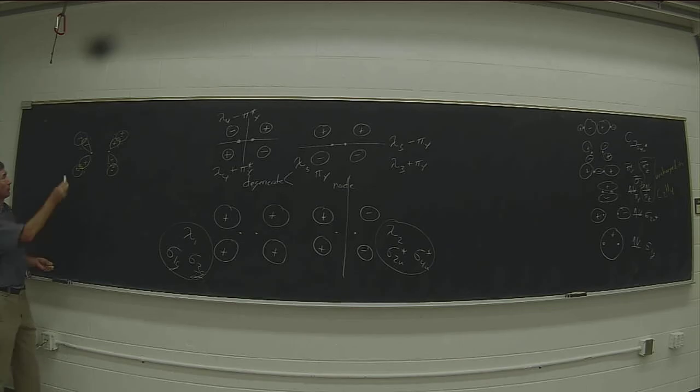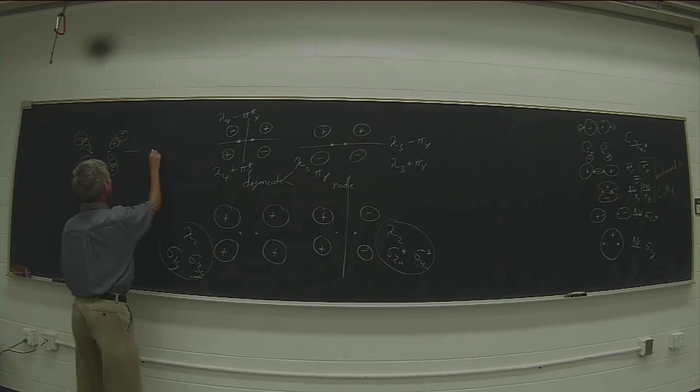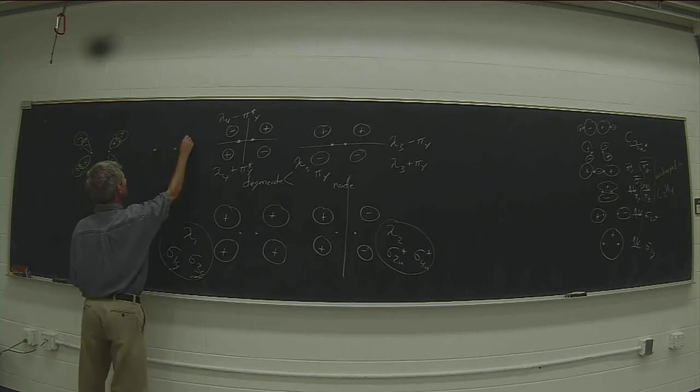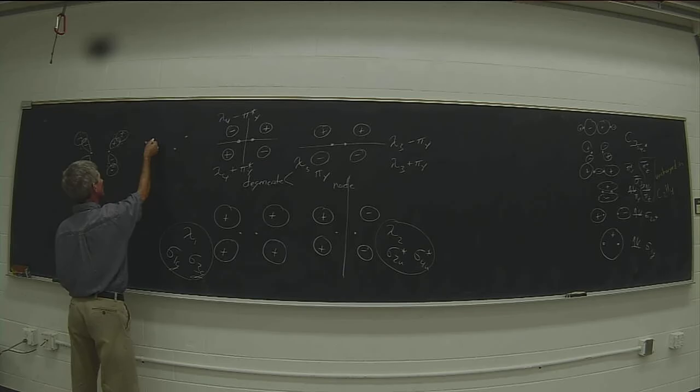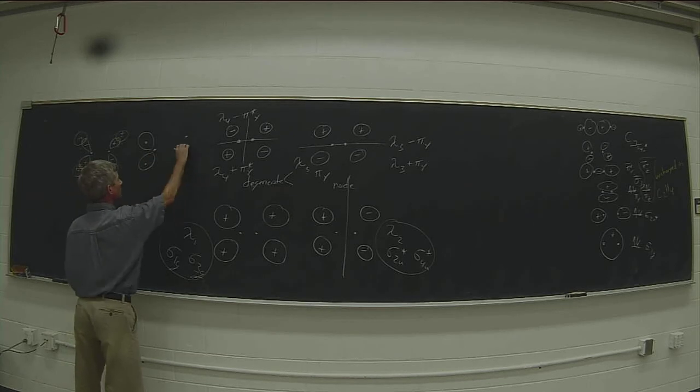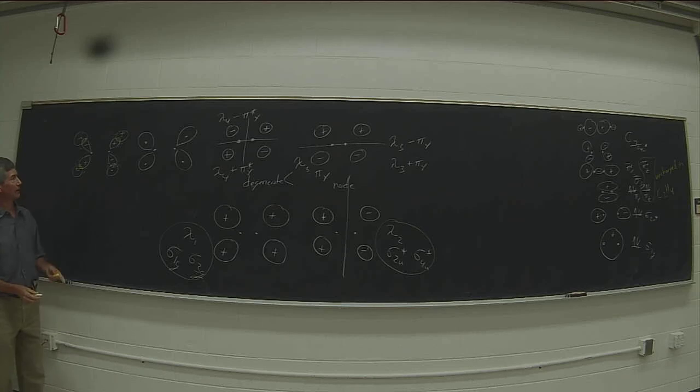Basically what we're going to get is the same cloverleaf shape that we had from the pi star orbital, but now extending out and including the hydrogen nuclei.